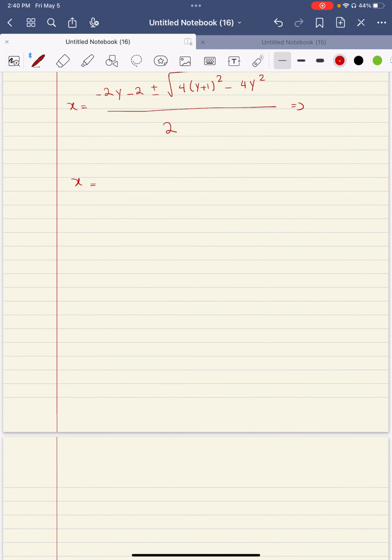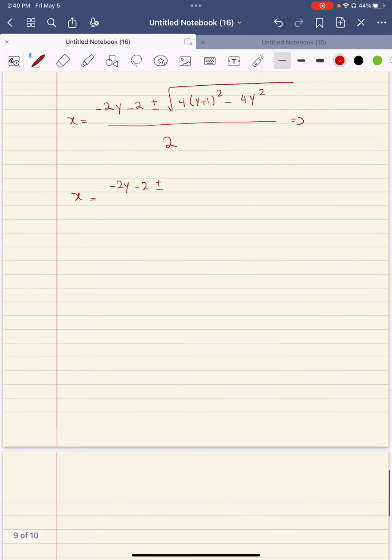So x equals negative 2y minus 2 plus minus root 4 times y plus 1 to the power of 2, which would be y to the power of 2 plus 1 to the power of 2 plus 2 times 1 times y, minus this one, over 2.